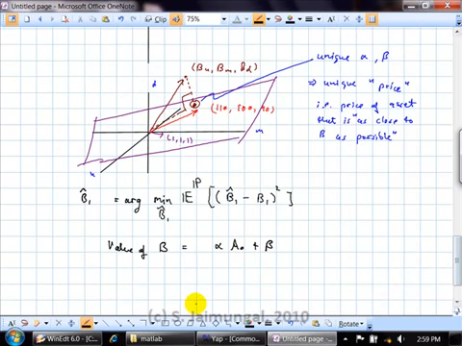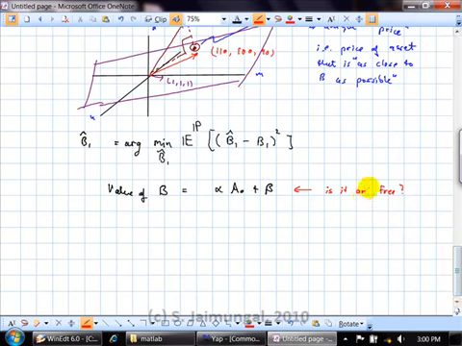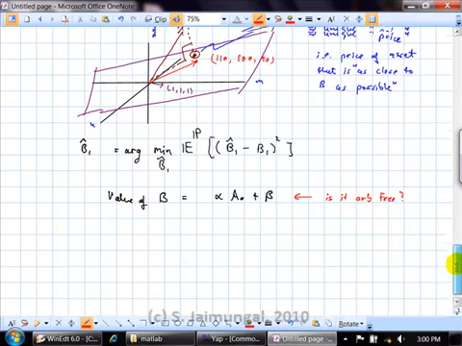All right? So then the question is, is this arbitrage free? It's an interesting, slightly more theoretical question to work on.